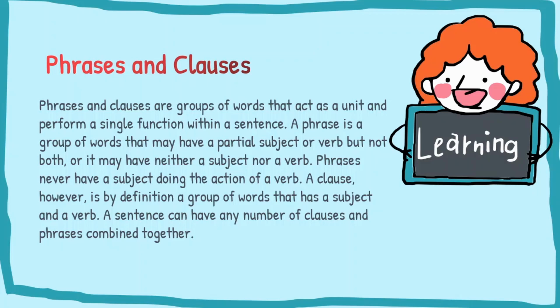They might not have a meaning and they might not stand complete, right? So here we can say that a phrase is a group of words which may have a partial subject or a verb, but not both. Or it may have neither a subject nor a verb. I have already told you that phrases will not have a complete meaning in themselves.